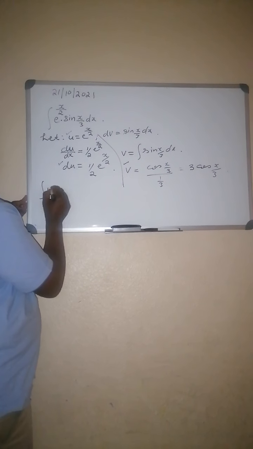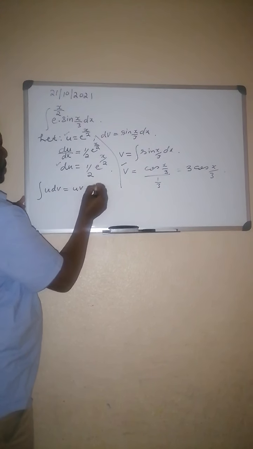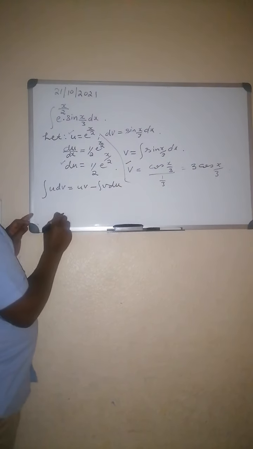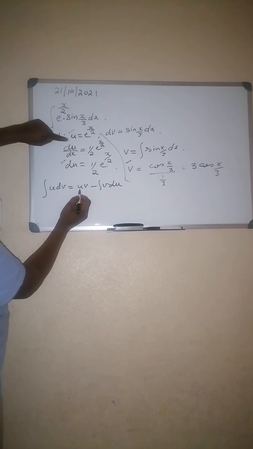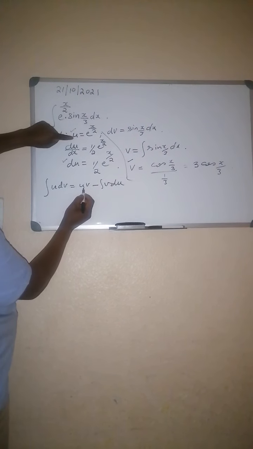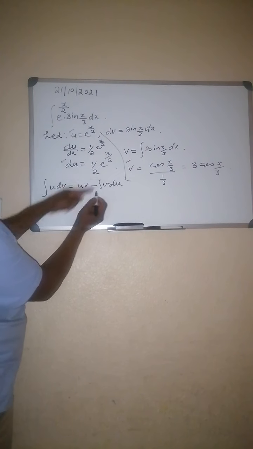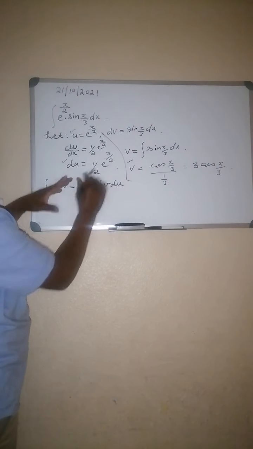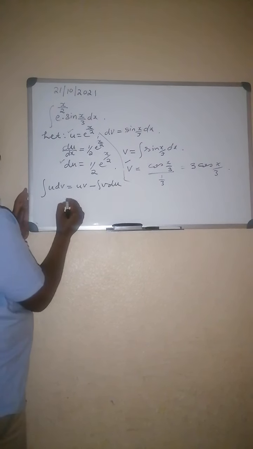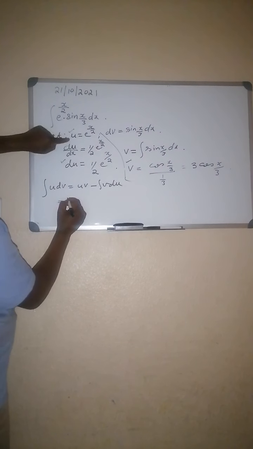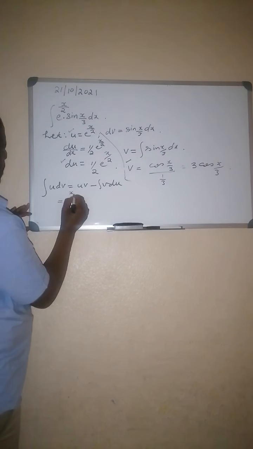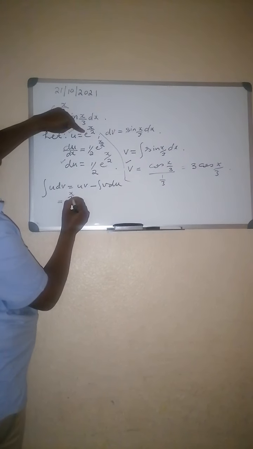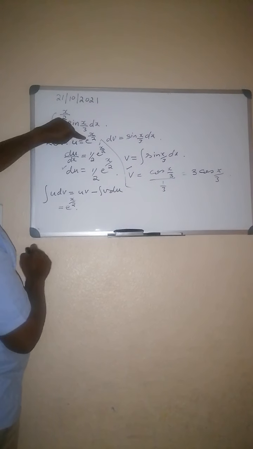So now if you look into the u dv equals uv minus the integral of v du, you can see that we have got the u, the v and the integral of v du. So all these parts are there now. So let's look at this. What is the u? U is e to the x over 2. What is v?